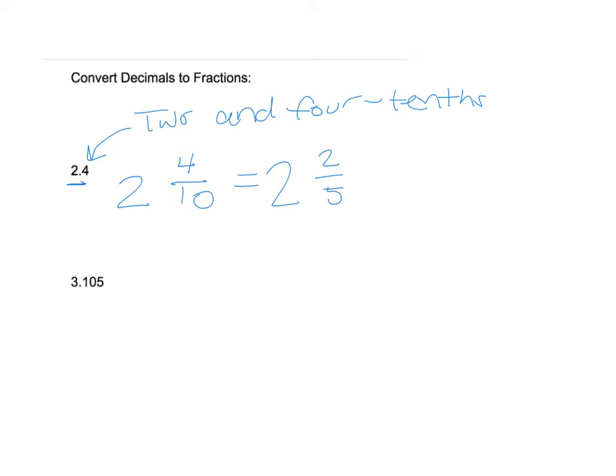Now with longer decimals, it starts to get a little bit more complicated because we have to remember our divisibility rules, but it's still fairly simple, still follows the same rules. So for instance, with this number, this is 3 and 105 thousandths.